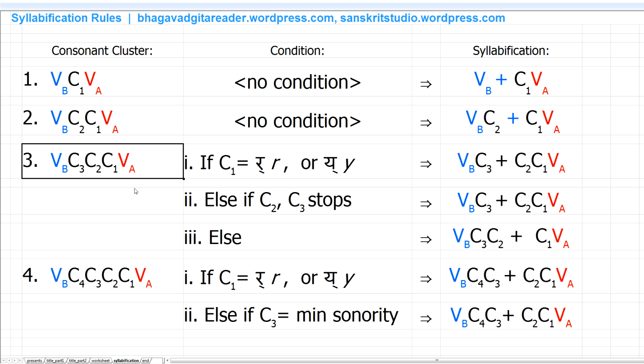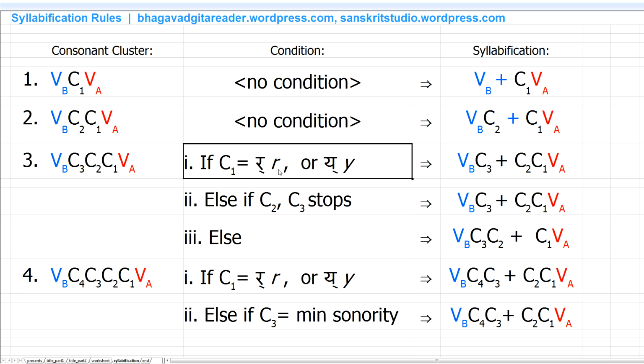Okay, so we have drstva, a word with a 3 consonant cluster, and in such a case we have to determine which condition applies.